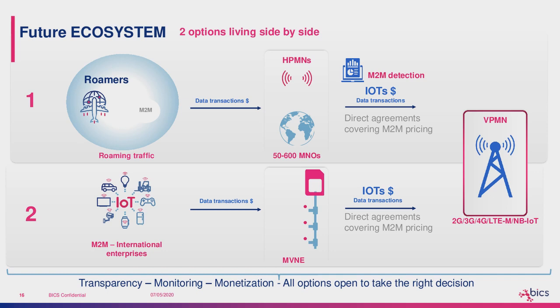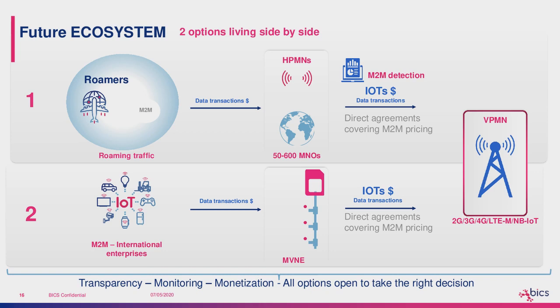On top of that first system, which is the traditional one, where we added the M2M detection software, living side by side, what we encourage is mobile operators to connect to what we call MVNEs or integrators, which are collecting M2M traffic from enterprises only. So what does this option bring? This option shortens the distance between the enterprises and the international connectivity, which is enabled by mobile operators.